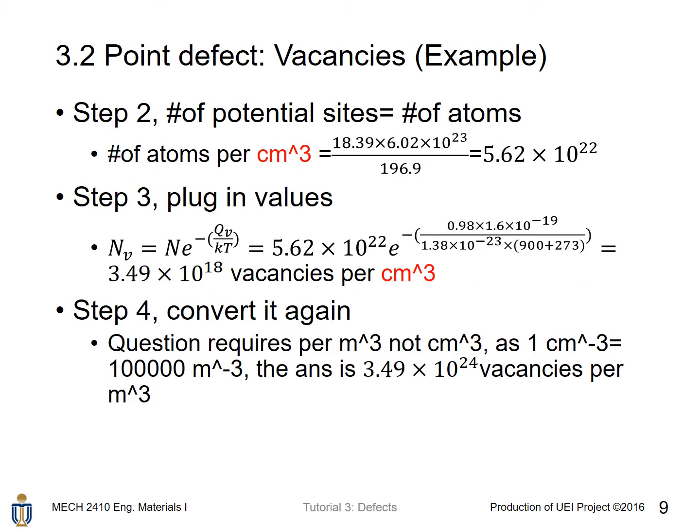Step 2, we need to calculate the number of potential sites, which is equal to the number of atoms. The number of atoms per cm cubed is equal to the density times the Avogadro constant, which is the number of atoms within 1 mole of that atom, over the molar mass.